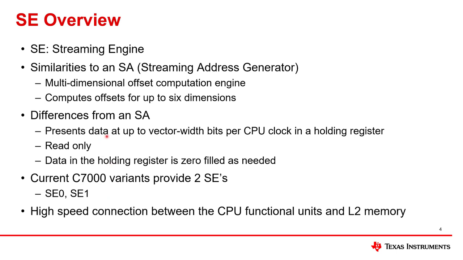In this bullet up here, I said presents data at up to vector width bits per CPU clock. Among the conditions that have to be met to meet this performance goal is you have to be reading from L2 memory. At this point, I'm just trying to make you aware of this connection between L2, getting a high-speed connection, and the SE.